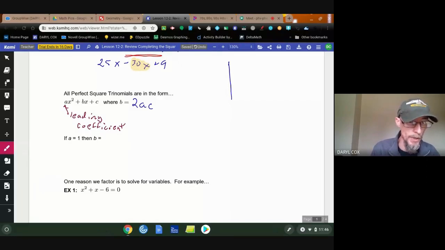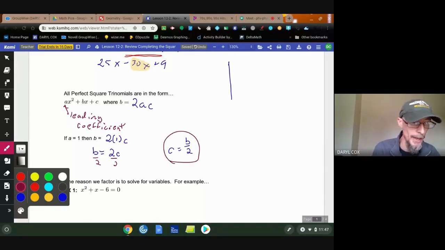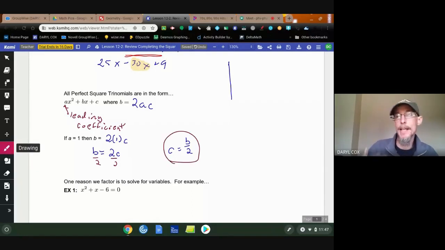Because if a is 1, then b is really 2 times 1 times c, which is really 2 times c, which makes life even easier for us. Which means that really the c term is b divided by 2. All I did there to get that is I simply divided both sides by 2, and I get this thing here. And that's what we're going to be doing to make that c term work out for us.